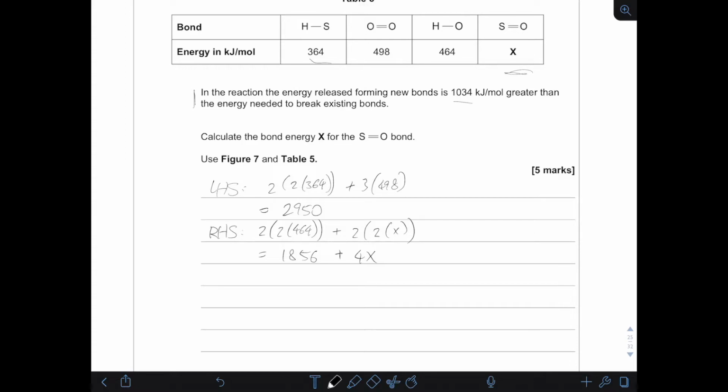But we know that the right hand side should be lower in energy than the left hand side by 1034.